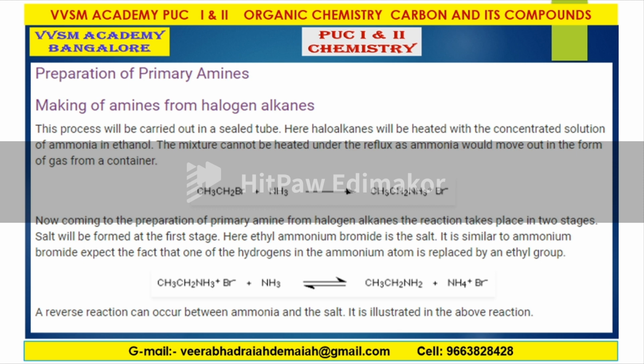Bromoethane, or ethyl bromide, reacts with ammonia to give ethylammonium bromide. Now, coming to the preparation of primary amine from halogenoalkanes, the reaction occurs in two stages. A salt is formed at the first stage. Here, ethylammonium bromide is the salt.